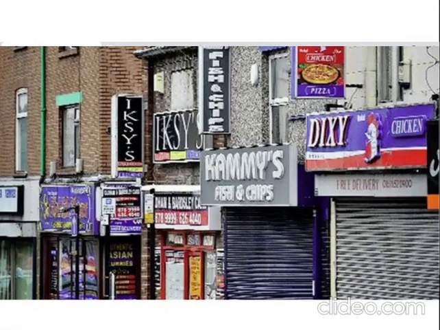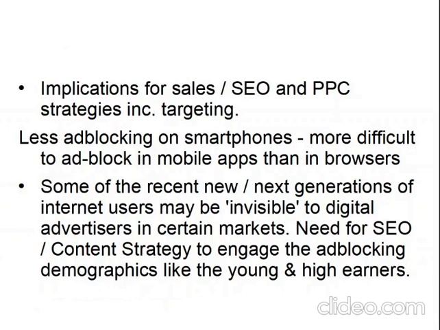Okay, a quick few takeaways. So obviously there's implications for sales, in relation to SEO and PPC, and in terms of how you target your audiences. There's less ad blocking on smartphones, according to the research in the UK, because it's more difficult, basically, to do that.